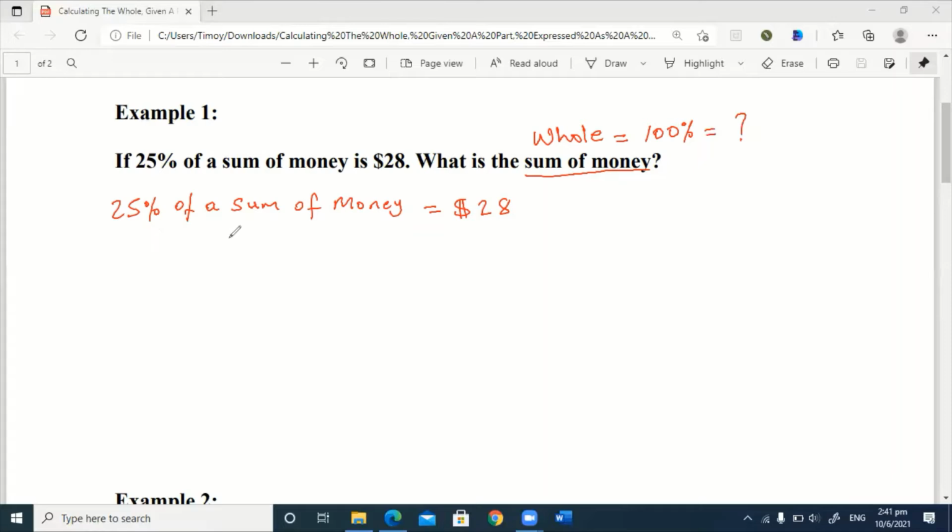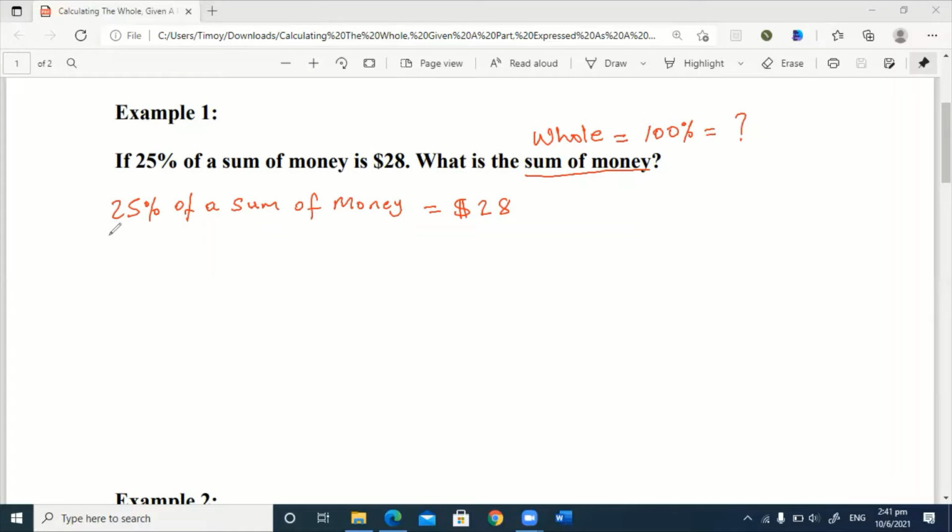So how can we find 1% of the money? We can find 1% of the money by dividing by whatever percent they give us, which is 25% in this case. So we can divide both sides of this equation by 25.